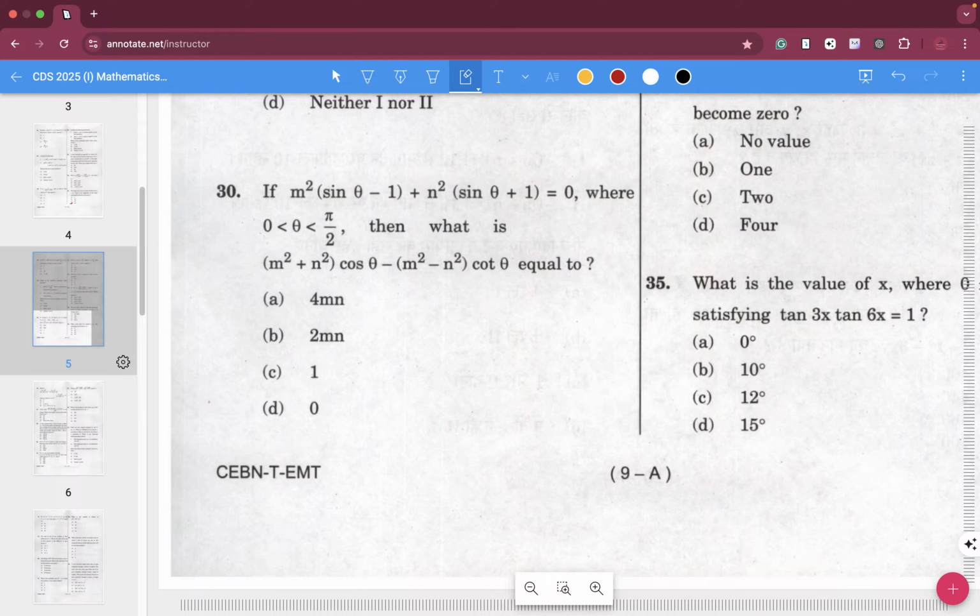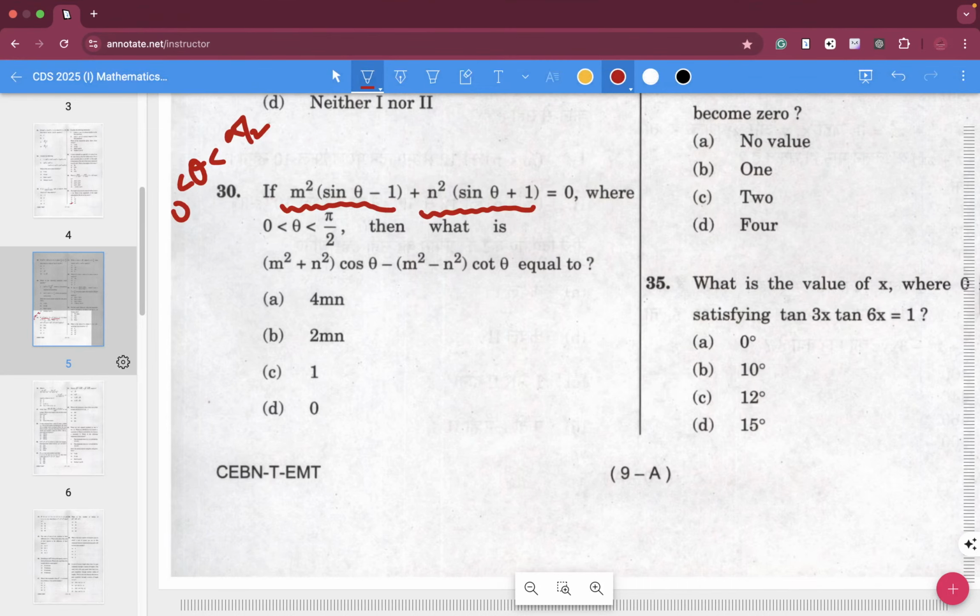In that case, question number 30, they have given m square into sine theta minus 1, n square into sine theta plus 1 is equal to 0, whereas theta lies between 0 to 90, and theta is not equal to either 0 or pi by 2.